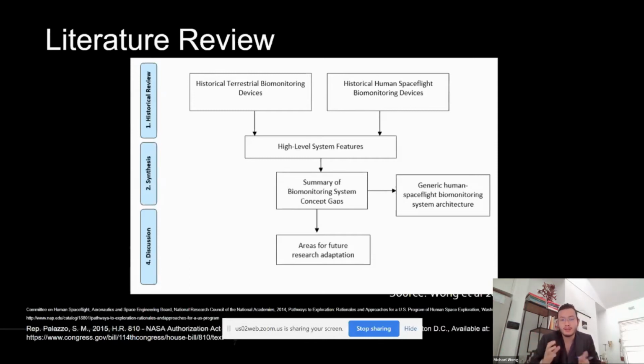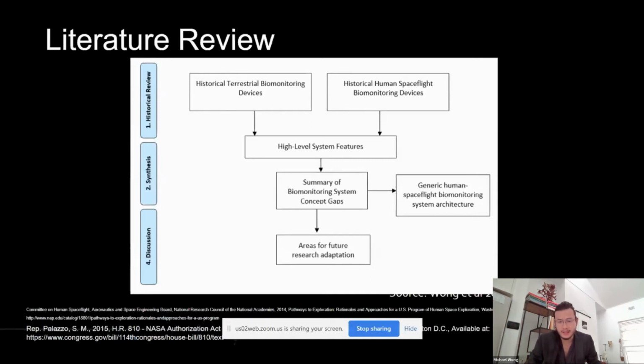And when we combined the two, we started looking at what were the high-level system features of those systems, both in a terrestrial but also human spaceflight setting, both historical, and then created a summary of what would be the concept gaps, what would be the bare minimum needed for system development in terms of what wasn't being done for a biomonitoring device for human spaceflight.